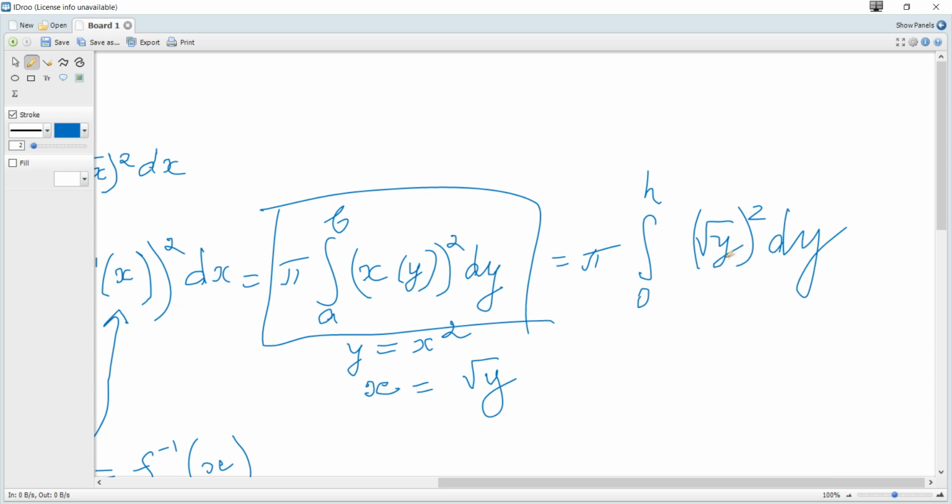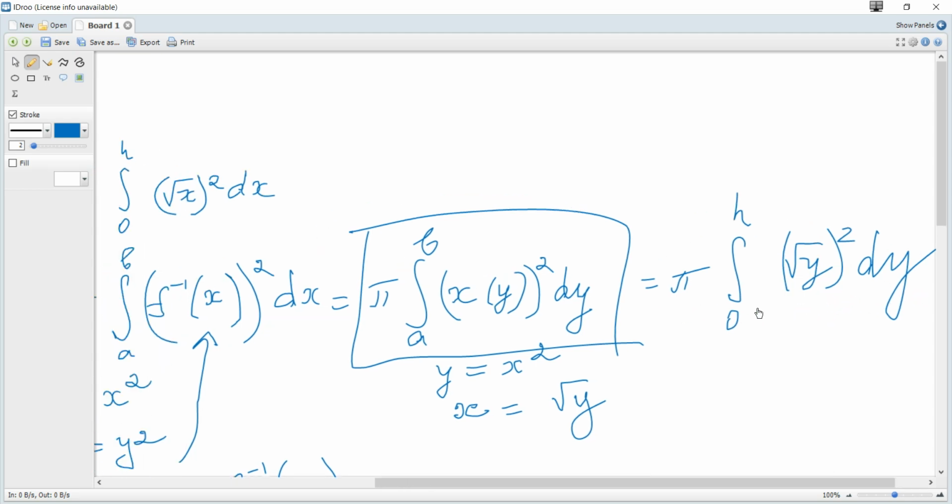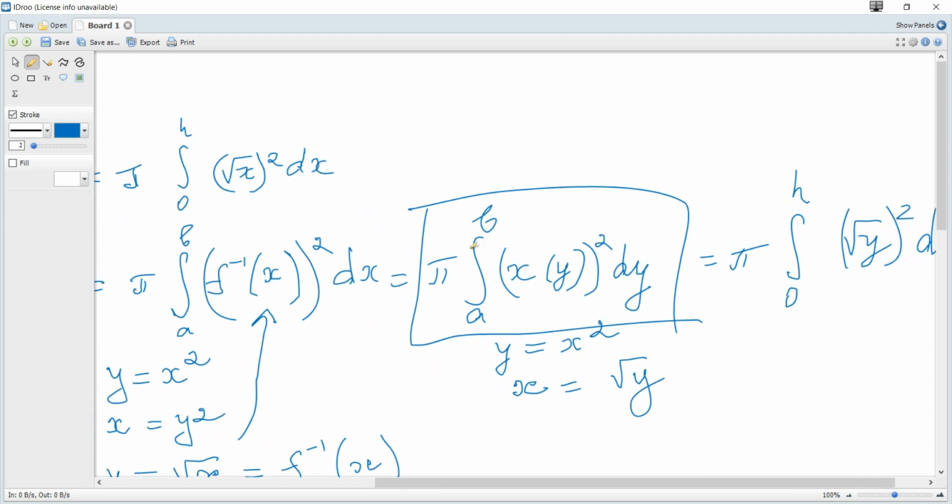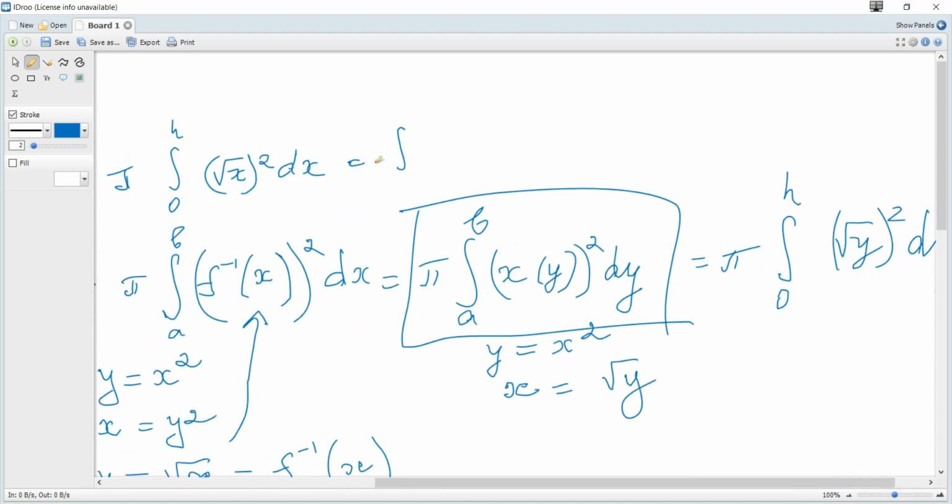It doesn't matter that this expression is in terms of x and dx, it must be the same, but you can see that it's actually the same. So it becomes pi integral from 0 to h just x dx, which is what?